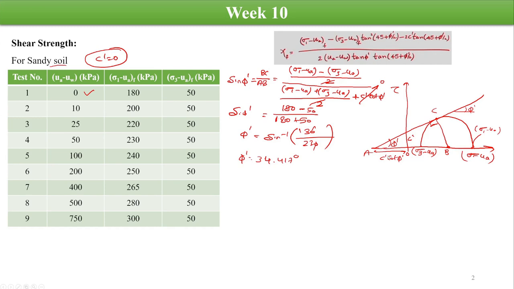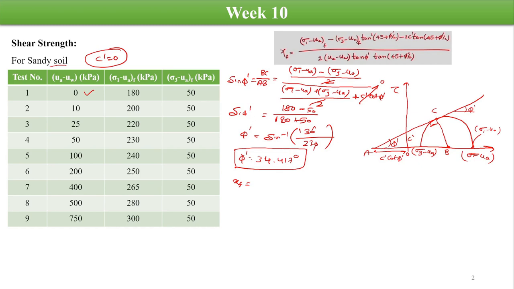Okay, so now we have the value of phi dash, and we need to calculate the value of xi for each test. To find it, we will first put in the value of xi for the first test.